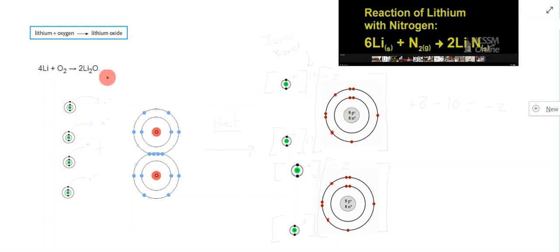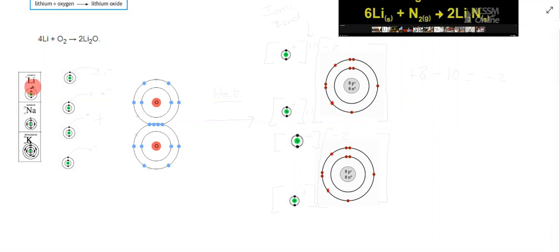And then as a result of that, you get 2 lithium ions connected to 1 oxygen ion. And then you get this compound of lithium oxide formed. So again, it's one of the chemical reactions of the alkali groups, and we're using lithium as an example. And again, as I was saying, this same reaction can happen with other group 1 elements.